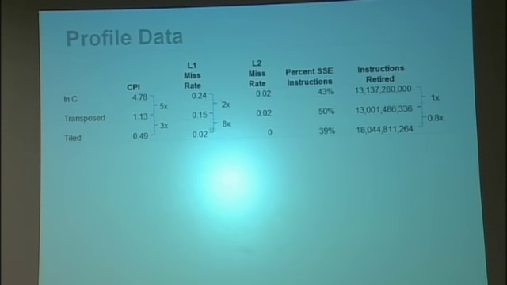My cache miss rate has now gone down to very, very little, 0.02%, and I have an 8x improvement in cache, and that means I got a 3x improvement in my CPI. That's very nice. Even though I am doing a little bit more work, my cache behavior really, really helped me. So this says why I am getting this performance gain.